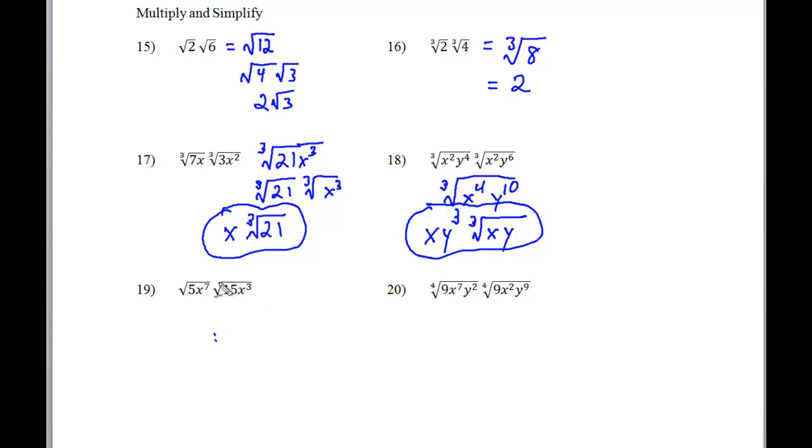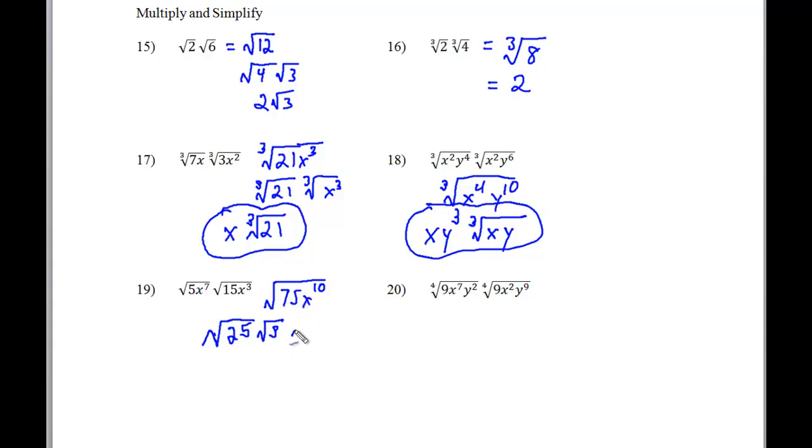Okay, problem number 19. 5 and 15 make a total of 75, so if I multiply these together, 75x to the 10th power. Then what we'll do is split these apart, because 25 can go into 75, and 25 is a square rootable number, which leaves me with 3. 25 times 3 is 75.